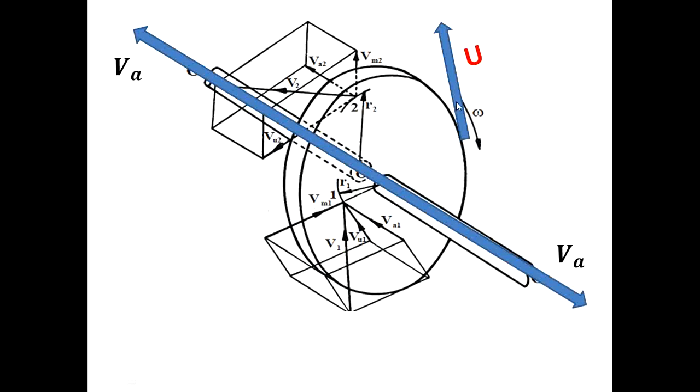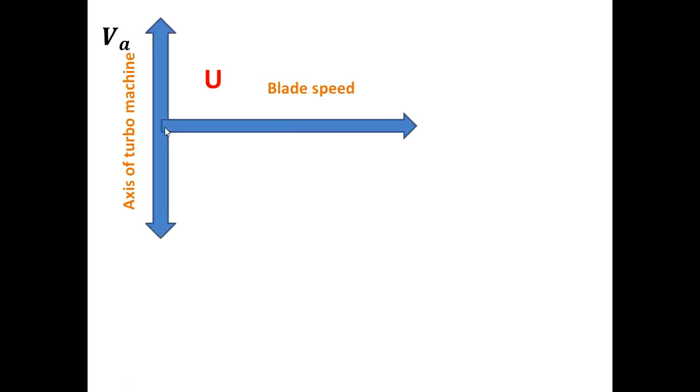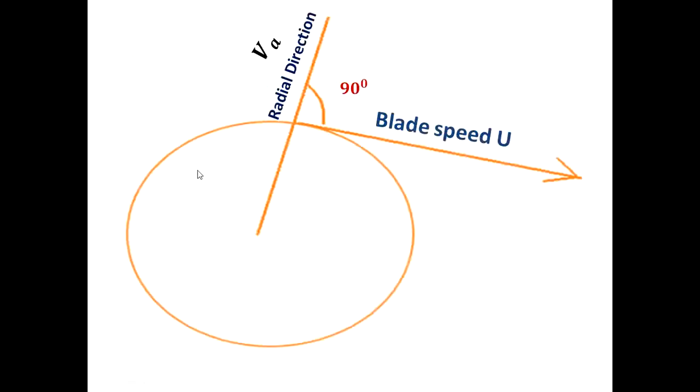I told you already that to write a velocity triangle with the blade velocity, your blade speed should be in the horizontal direction. This is the axis of the turbine, therefore it will make 90 degrees. So this is how your blade velocity will be.